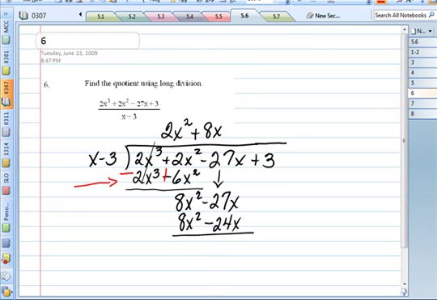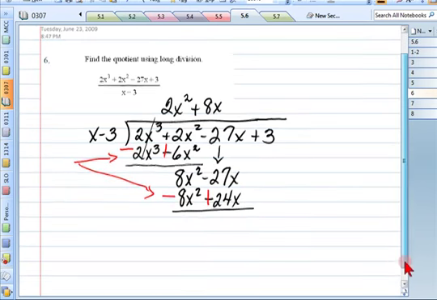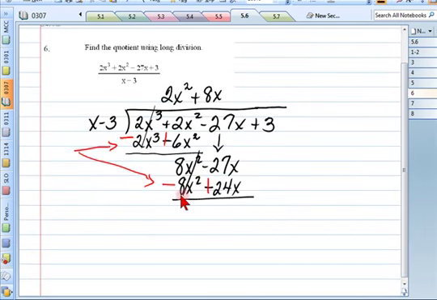Red pen time. Change, change. The 8x squareds cancel. I have negative 27x and positive 24x, which is negative 3x, and bring down plus 3. One more time. What would I have to multiply times this outer x to turn it into negative 3x?